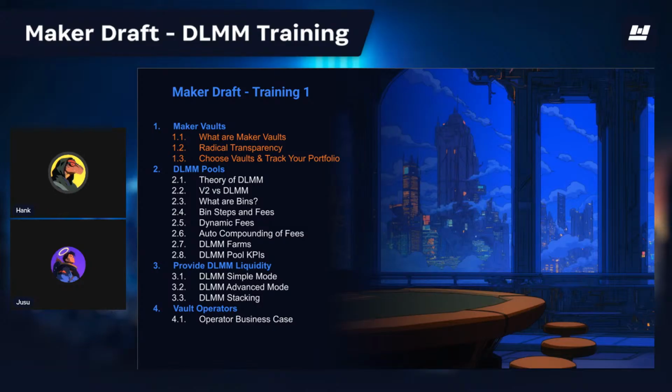Okay. So we've covered Maker Vaults. We covered what they are, how they're secured, the whole ethos behind it, as well as looked at the KPIs and how to track your portfolio and all of this. And I think this is the ideal one for anybody who says they want hands off and want the operator to do the trying to understand the markets and implementing the strategies.